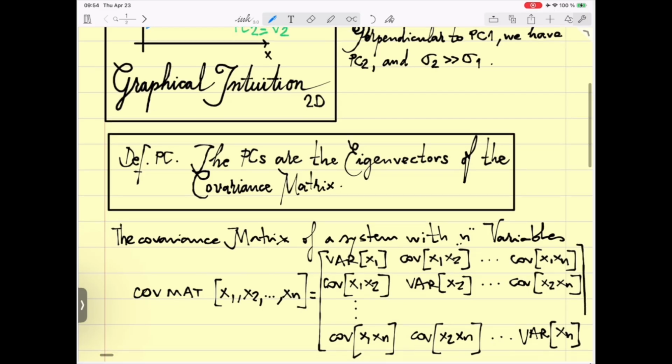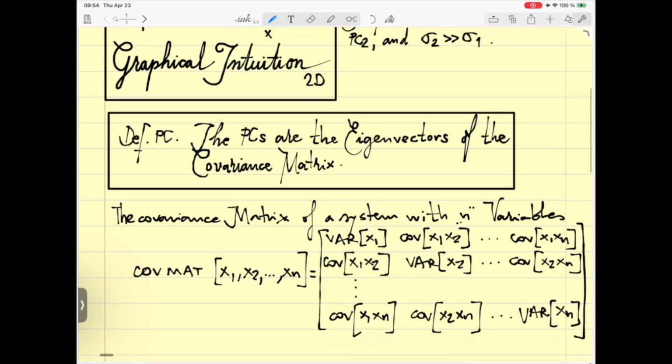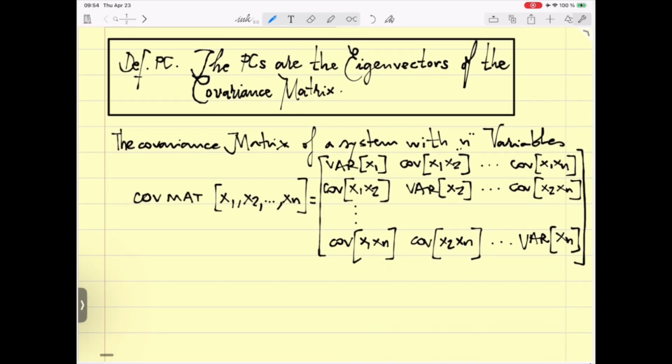So this is the definition of the covariance matrix. It's a symmetric matrix. Okay. So if we have i and j from 1 to n, we can say that the variance of x sub i equals the sum of x sub i minus x sub i mean, squared, divided by n minus 1.